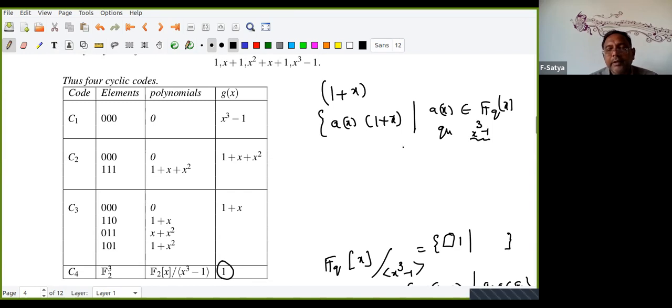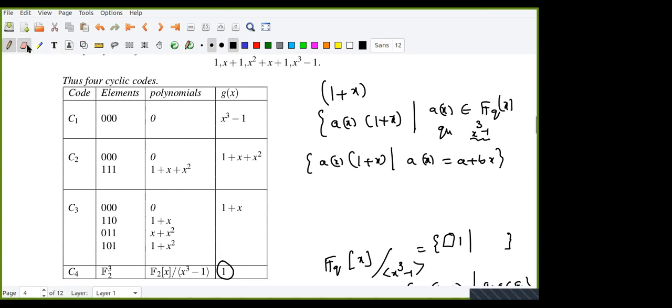I'm telling you there is no need to do that. Take a(x) times 1 plus x, but a(x) is of the form a plus bx, so I need not take the quotient. These are the two things. Am I correct? Yes, sir.